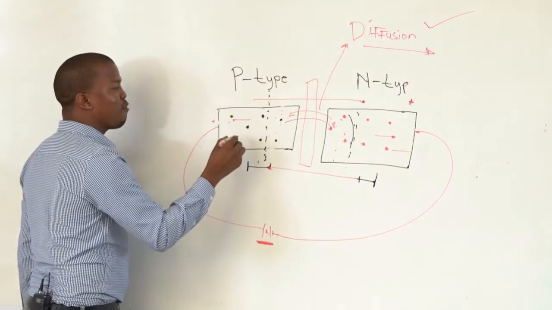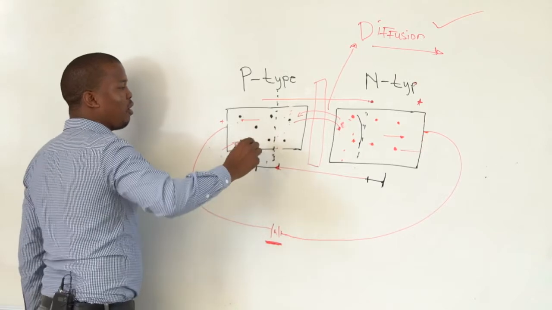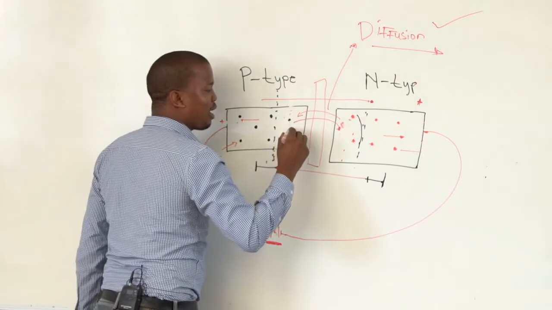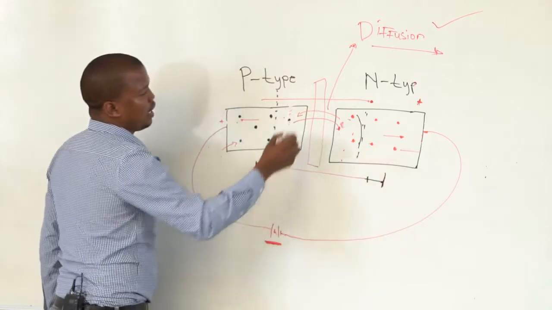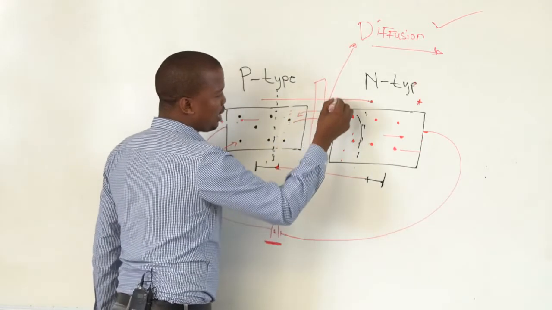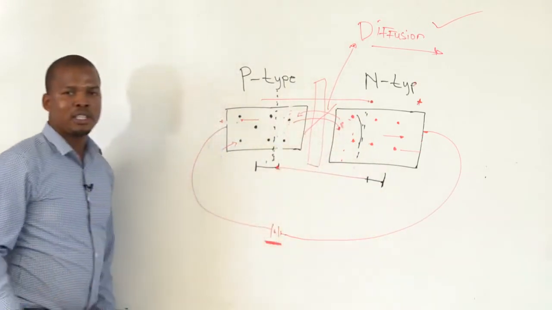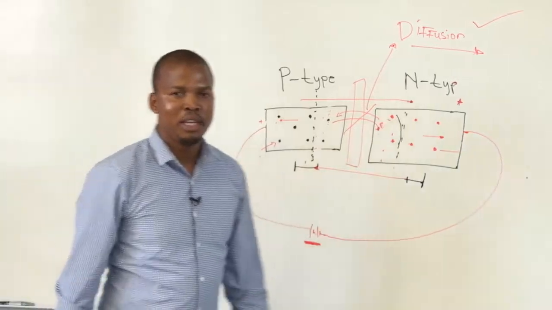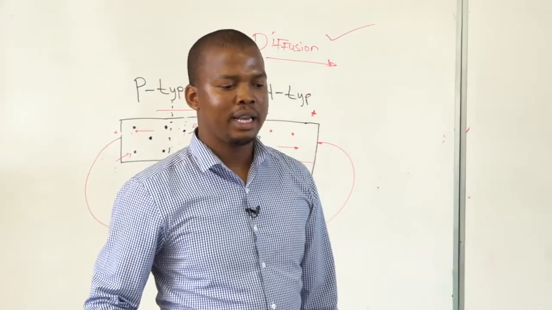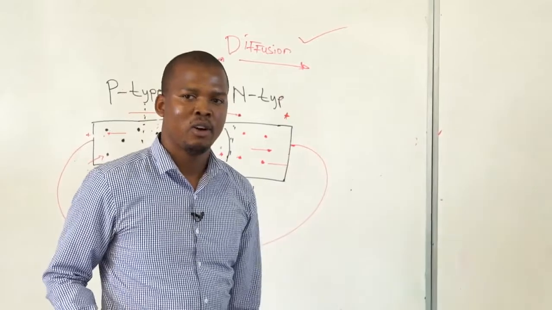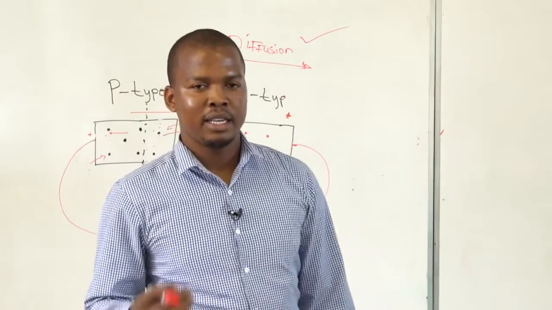There will be a high volume of negative charge forced to move from one side to another. In this case, the junction will break, forcing the PN junction to be dysfunctional. So that's one of the limitations in operation of a PN junction.